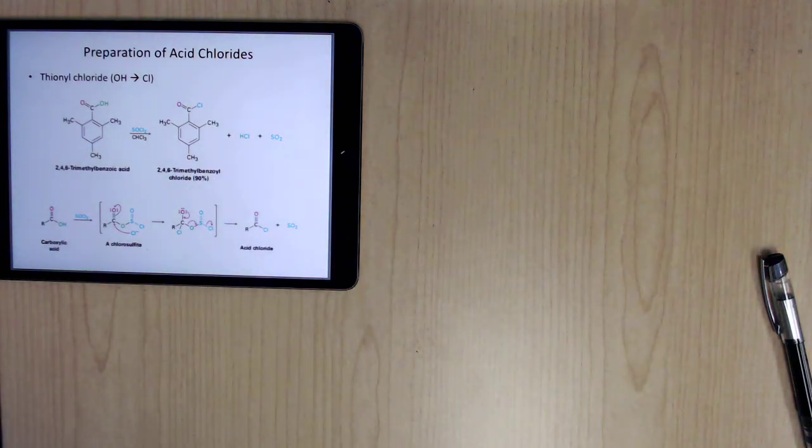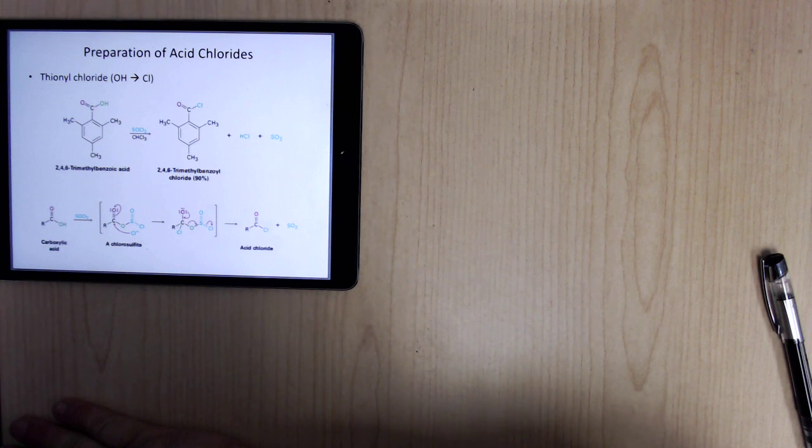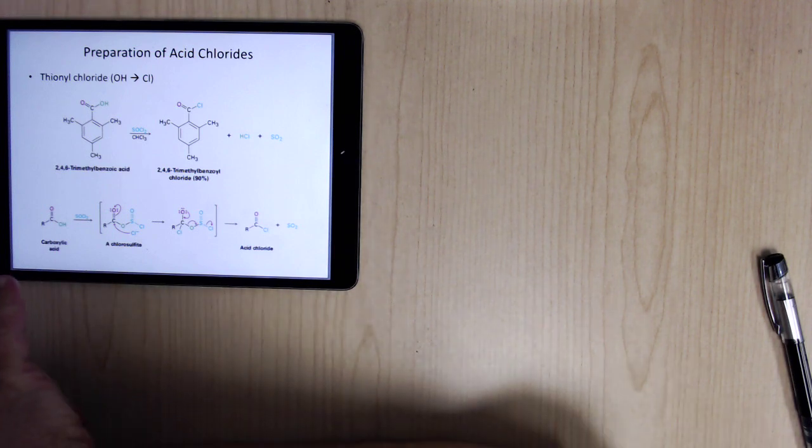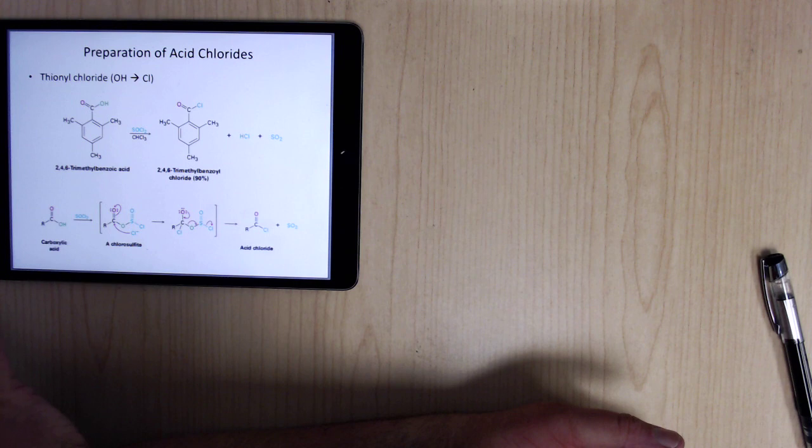Okay. So the question is, where do we get the acid chlorides if that's the highest? Well, you have to use this compound called thionyl chloride. It's SOCl2. You start with the carboxylic acid, and thionyl chloride's sole purpose in life is to turn OHs into Cl. It doesn't matter if it's an OH on a carboxylic acid or an OH on an alcohol.